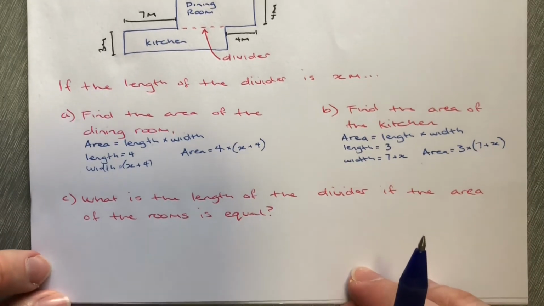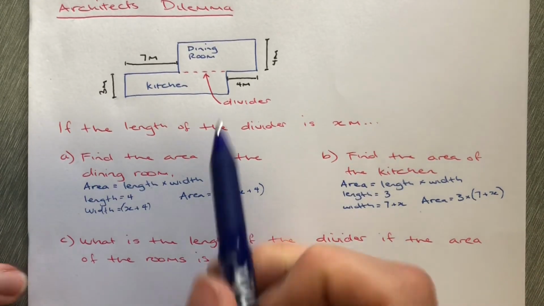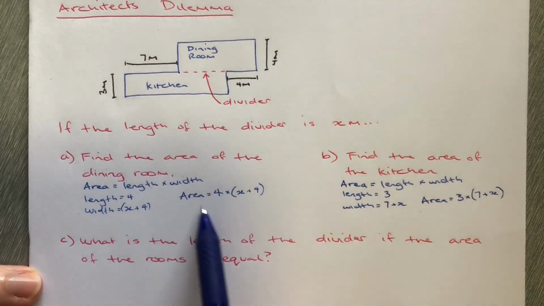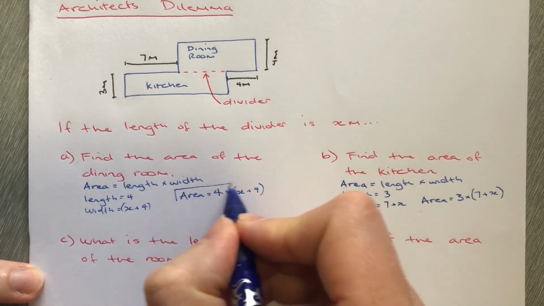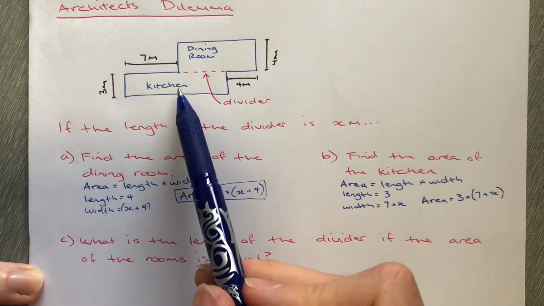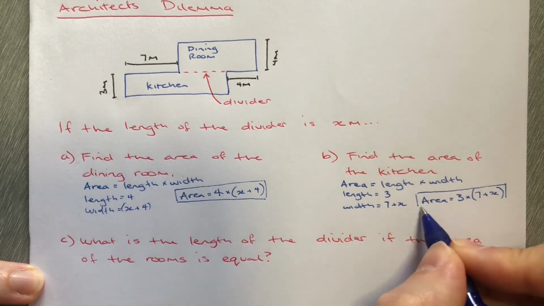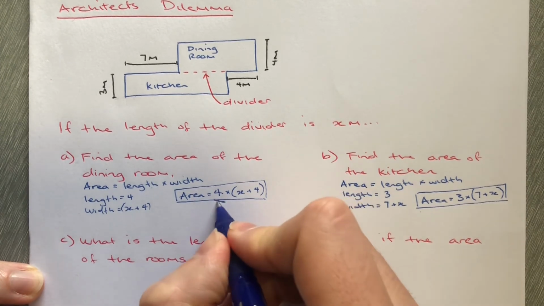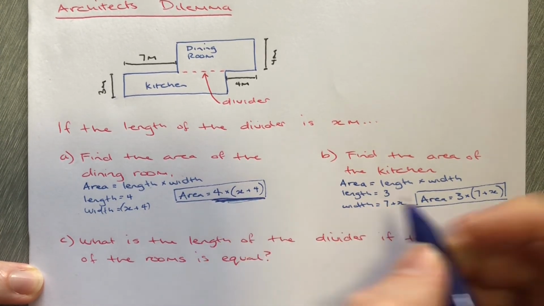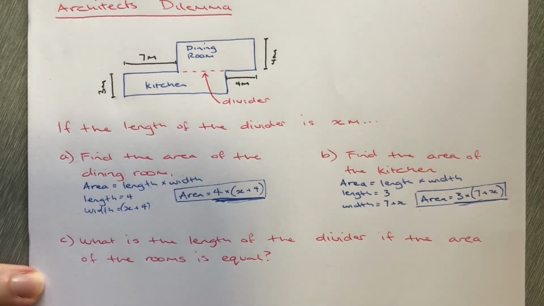All right, so let's get on to our last little question here. What is the length of the divider if the area of the rooms is equal? So we know the area of the dining room. That's the area of the dining room. And we know the area of the kitchen. That here is the area of the kitchen.